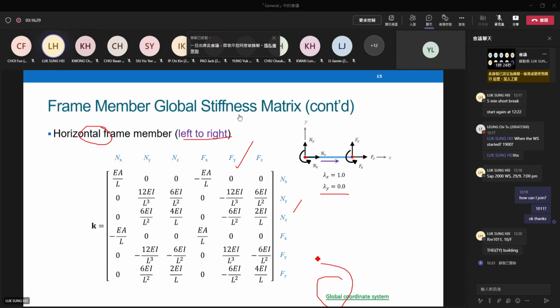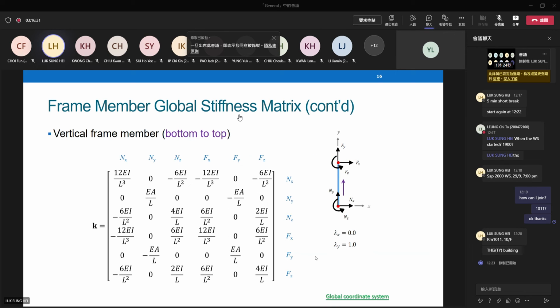Then what about vertical? Vertical frame members can point upward or downward. This page shows the matrix for a vertical frame member pointing from bottom to top. Be careful about the directions. Remember the orientations in purple color. If you want to consider a frame member pointing upward, this is the matrix you may use.